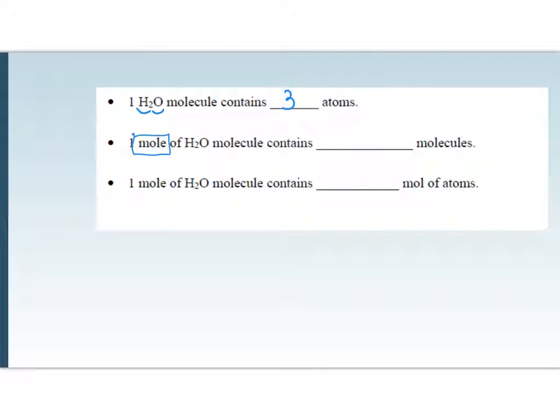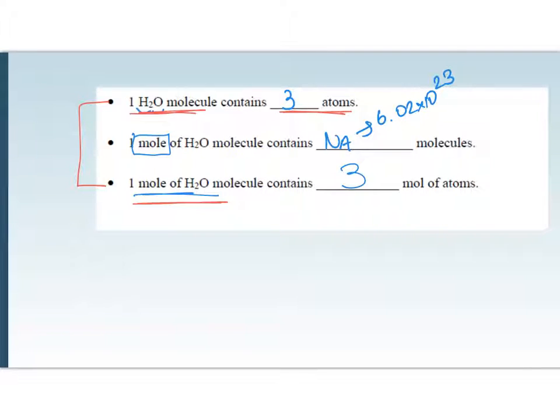If I say 1 mole, I have Avogadro number of particles, which has a numerical value of 6.02 times 10 to the power of 23. So 1 mole of water molecules contains 3 moles of atoms, because if 1 molecule contains 3 atoms, then 1 mole contains 3 moles of atoms.